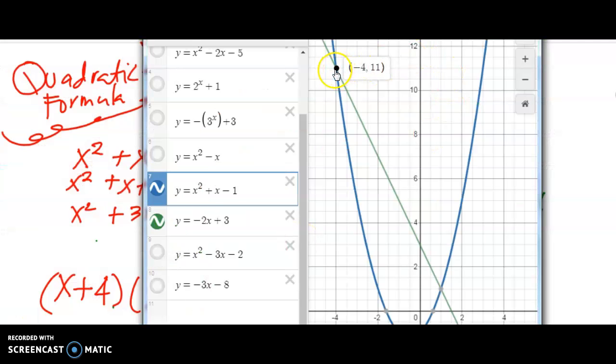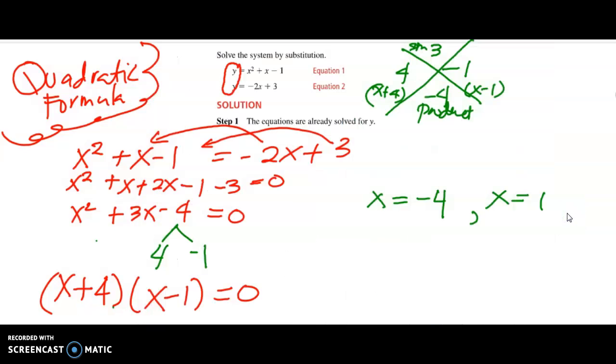So we got -4 here, and then +1. If you want to get the corresponding y coordinates, all you need to do is plug these values into either of these two equations. So this is one example of solving by substitution.